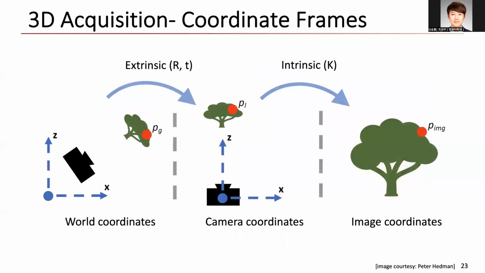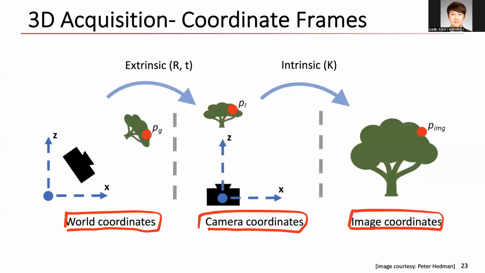So for this, we have three coordinates. We have to project one of the points in the world coordinate to the camera coordinate and then to the image coordinate. First of all, even though this is the same point in the world coordinate and camera coordinate, because they have different coordinates, we have to change this x, y, z in the world coordinate to the x, y, z in the camera coordinate.